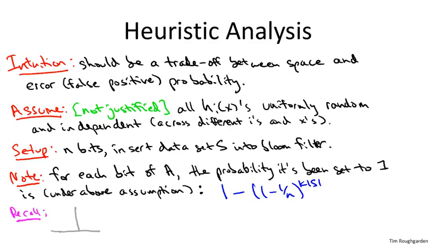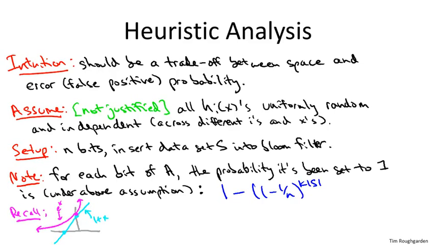If you take the function 1 plus x, which goes through the points (-1, 0) and (0, 1), and of course is a straight line, and then you also look at the function e to the x, well, those two functions are going to kiss at the point (0, 1), and everywhere else e to the x is going to be above 1 plus x.